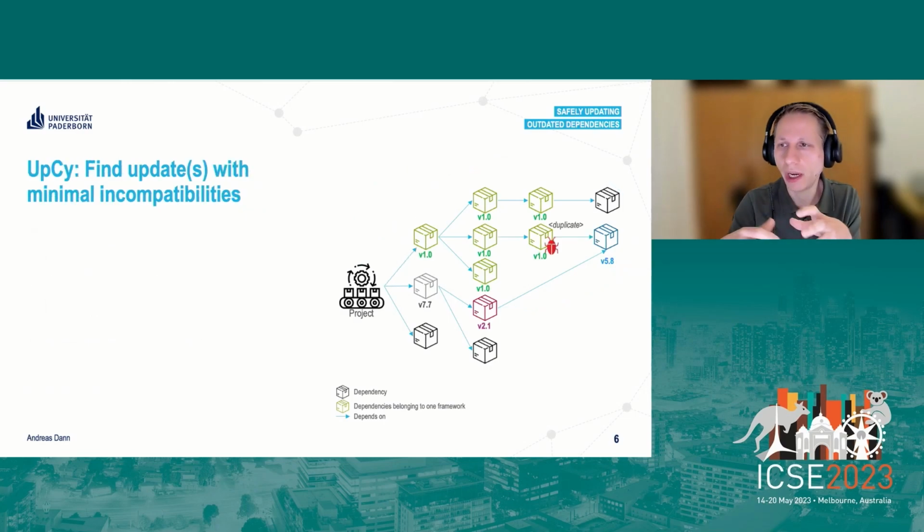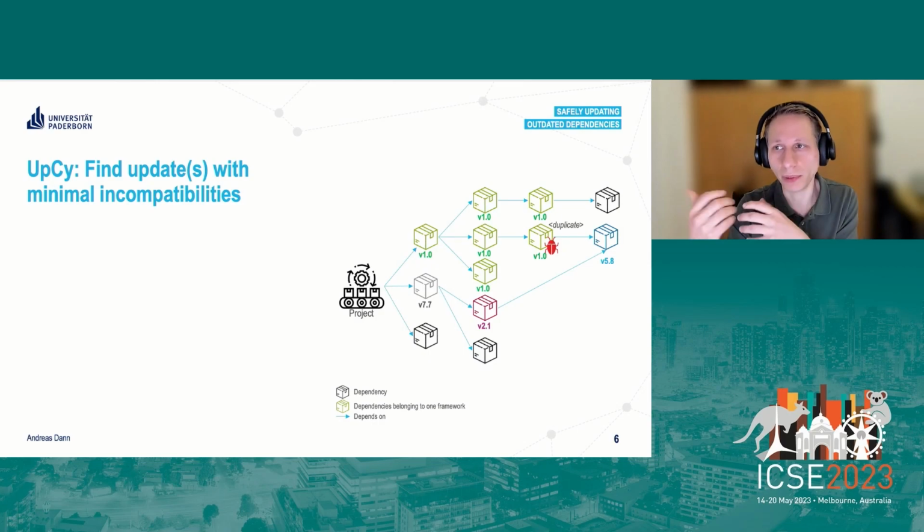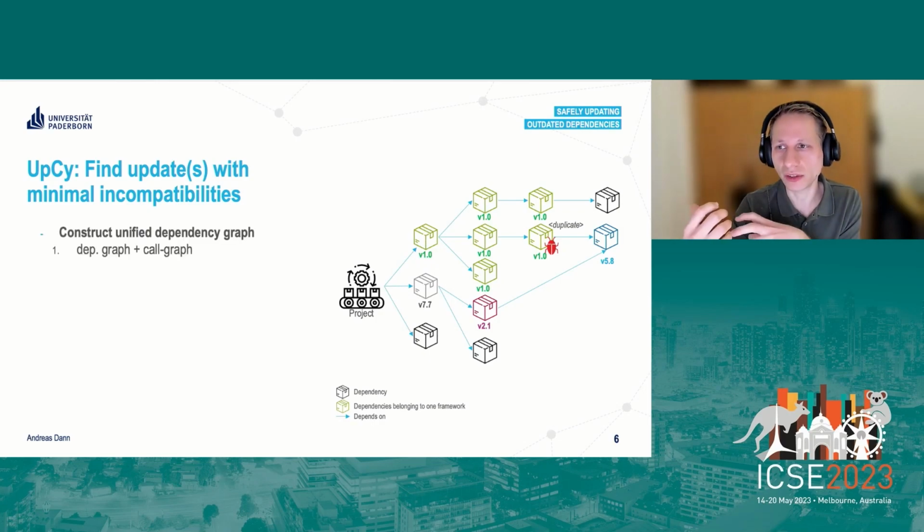And this is where our approach comes into place. We actually compute a set of update steps for multiple dependencies to achieve a compatible update or to introduce at least a minimal number of potential incompatibilities. And how do we do that? We construct a so-called unified dependency graph. That means we build the complete dependency graph for a project and also the call graph.